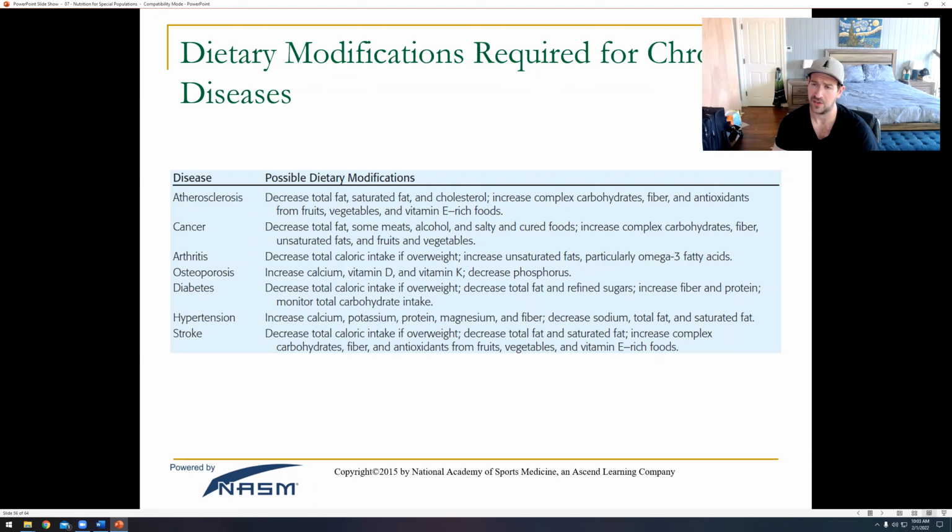So plenty of fruits, plenty of vegetables. If our clients have certain types of cancers, decrease the total fat, watch the meat intake associated with preservatives, get rid of that alcohol content, watch the salty and cured foods, and focus on, again, high fiber fruits and vegetables.